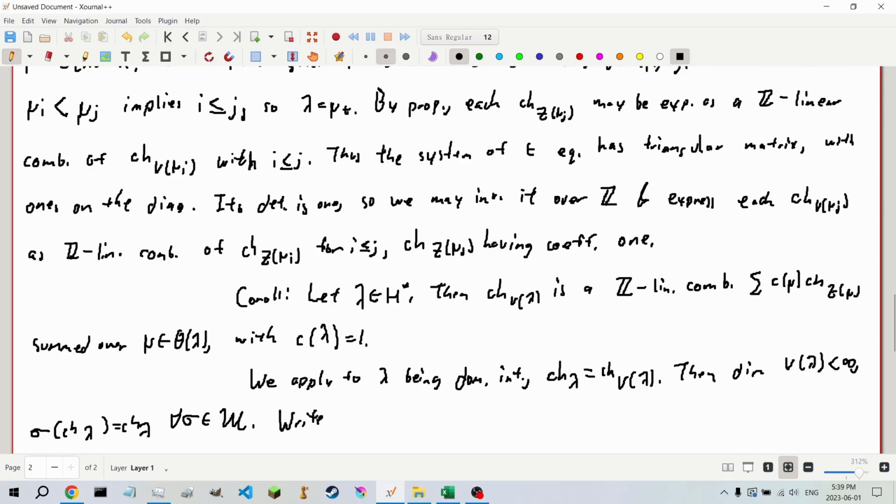Now we write the character of lambda as the sum of our coefficients c mu times the formal character of z mu, over mu in theta lambda as above.